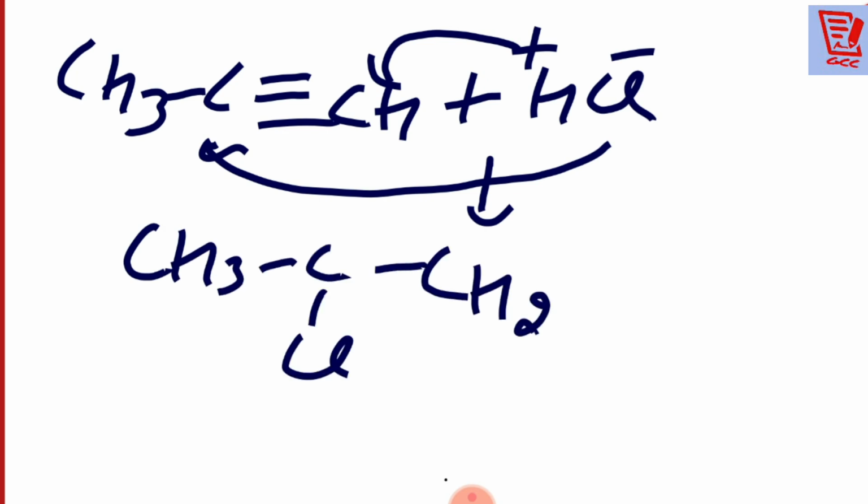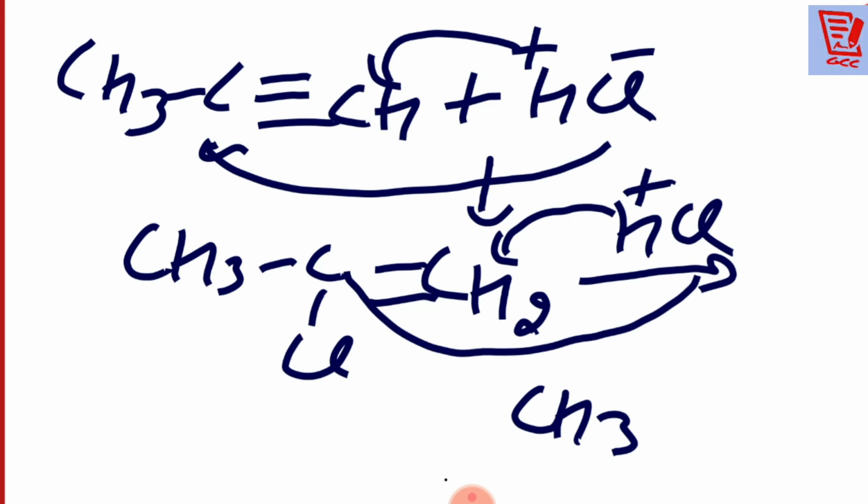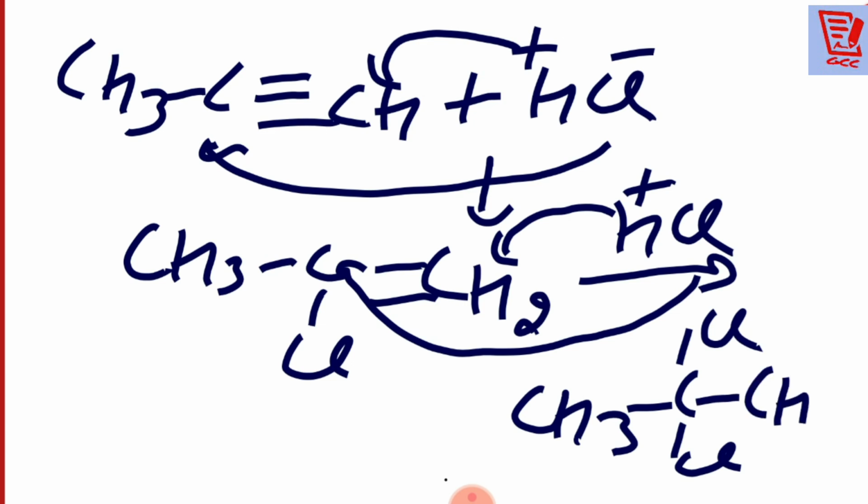Then again you have to give the reaction with HCl. Here there will be a double bond, then H positive will come here and Cl negative will come over here, giving CH3 CCl2 CH3. Understood all of you? What I told you over here?